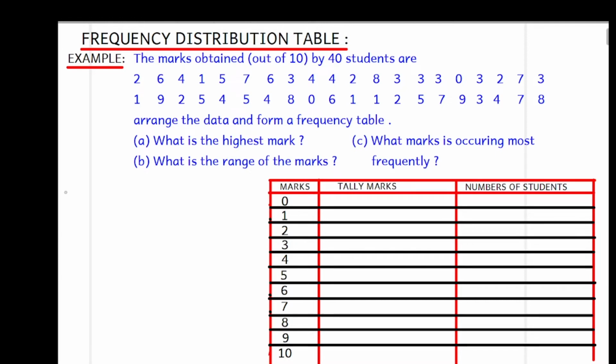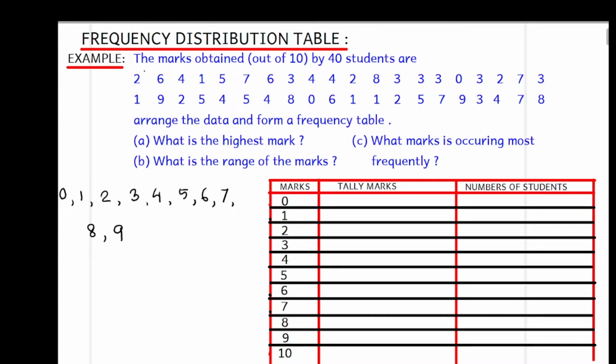Okay. So it will be what? First of all we will find out the numbers. What are the numbers? 0, 1, 2, 3, 4, 5, 6, 7, 8 and 9. Okay. Then what to do?